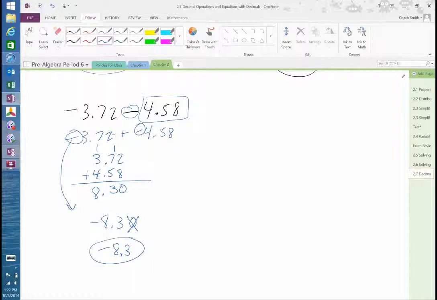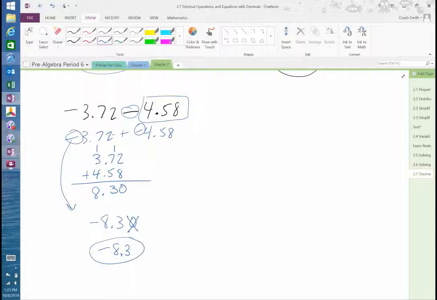Adding or subtracting, really adding, because we change all subtraction to addition, the rule for adding two negatives is you add it up and then you just keep the negative sign. That'd be like saying I took $10 from you today and I took $20 from you tomorrow, and you're going to feel happy and positive about that. You're not going to feel happy and positive about that. Okay? If you are, bring it and I'll take it, and you can feel positive about yourself. All right?